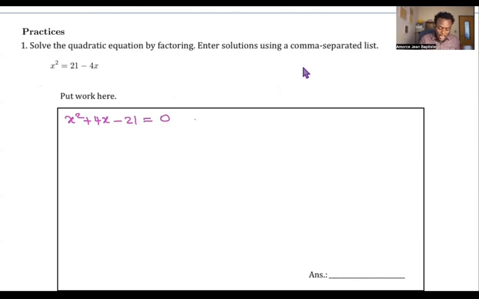Because the coefficient of x squared is 1, I can draw my factored form, looking for two factors of negative 21 whose sum is 4. Those are going to be 7 and negative 3. So x plus 7 and x minus 3 are the factors.